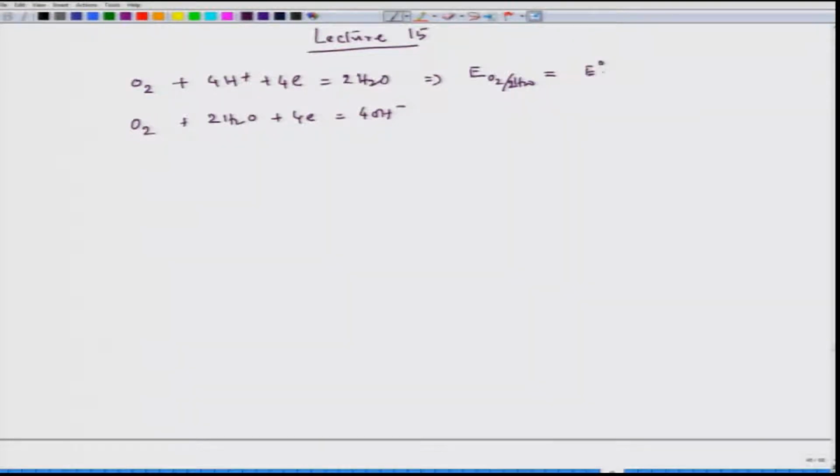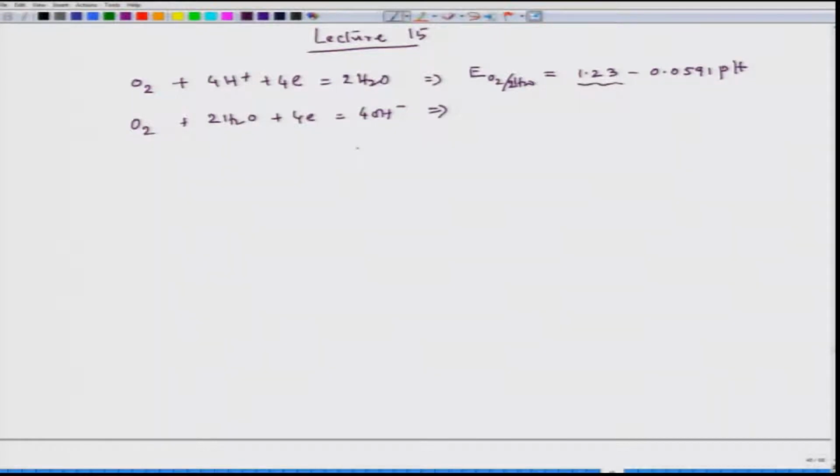E0 for O2/H2O. We can write straightaway this value, it is coming close to 1.227. I can write it as 1.23 minus 0.0591 pH.